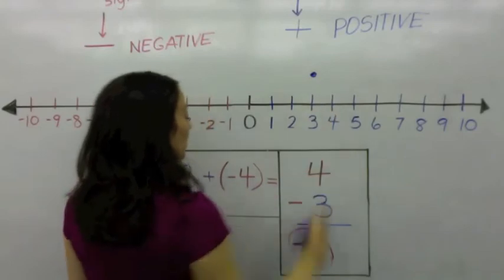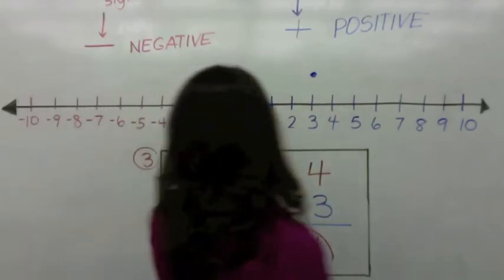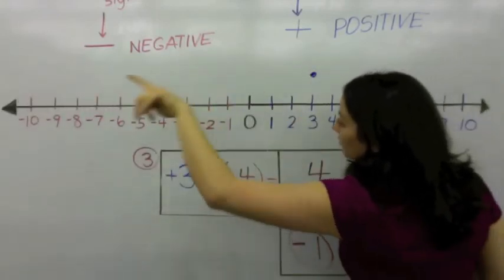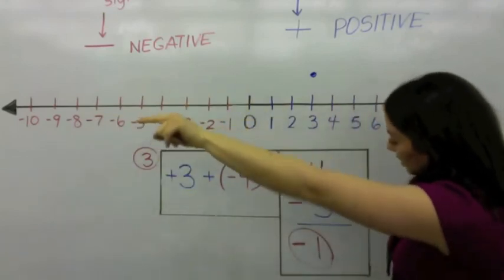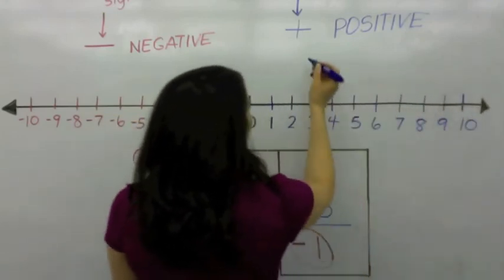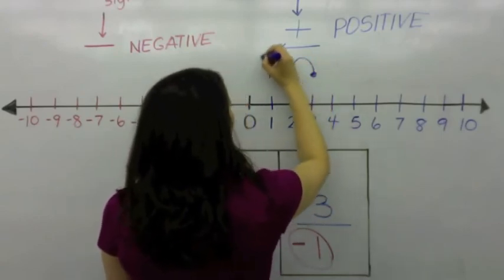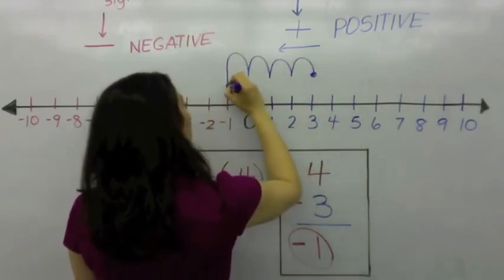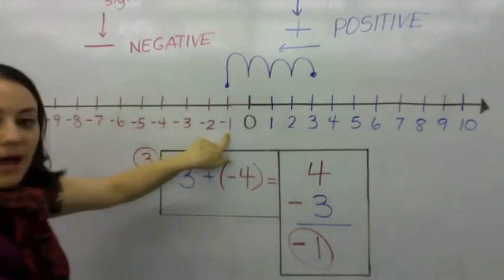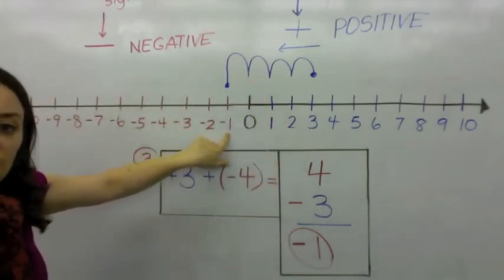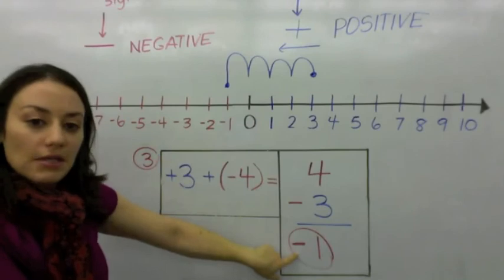Now you want to add a negative 4, so it's negative to the left, and you're going to go over 4 times. 1, 2, 3, 4. And what number do I end up at? I end up at negative 1. So am I correct? Yes.